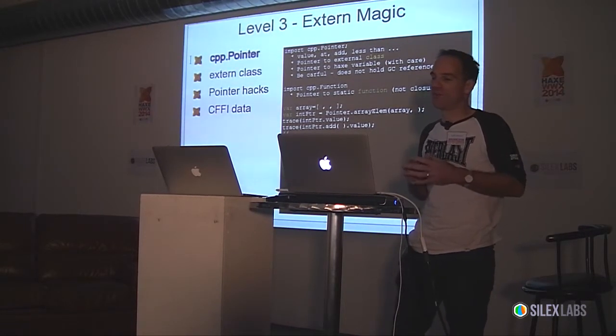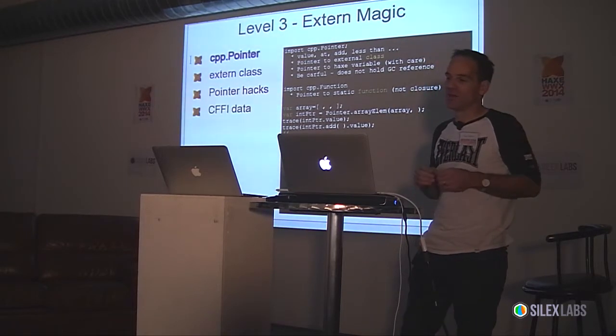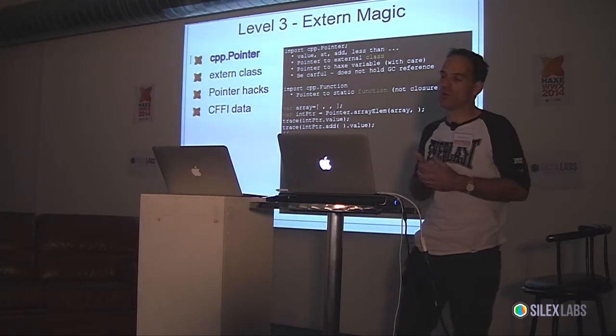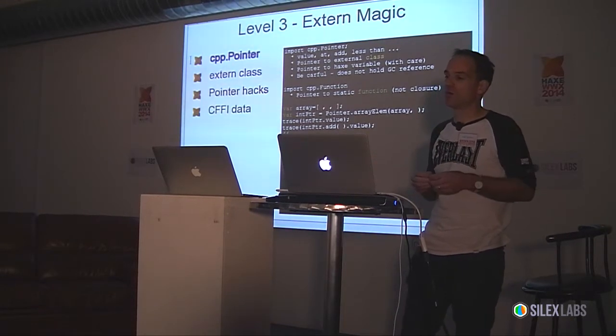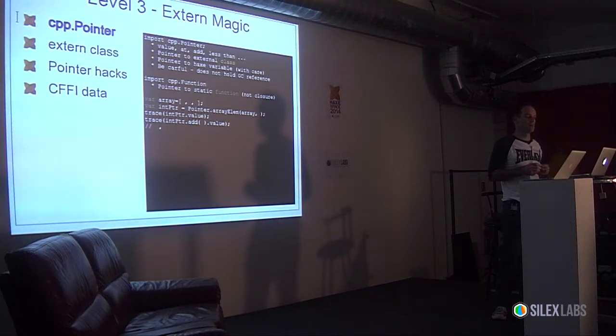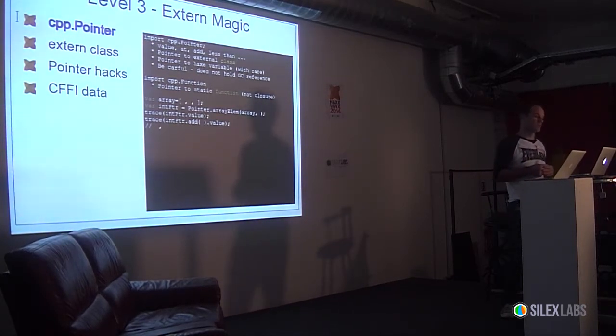So there are a few things I'll go over in order to ensure that doesn't happen. The easiest way to make sure that doesn't happen is to not run anything that uses garbage collection while you are actually holding one of the pointers. So treat a pointer to a Haxe variable as only a temporary thing that you're using, which you'll dispose of before you do anything with garbage collection.